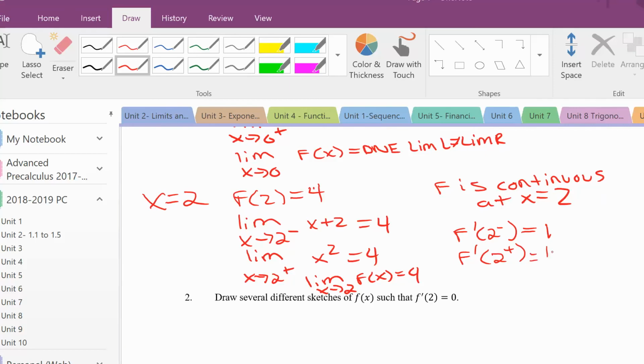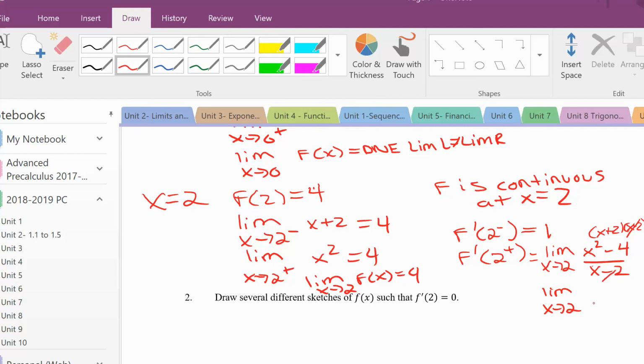So we could find the limit as x approaches 2 of x squared minus 4 over x minus 2. That's x plus 2, x minus 2.